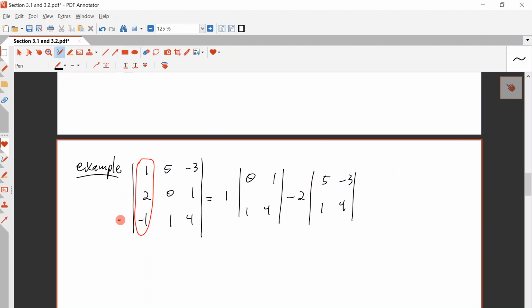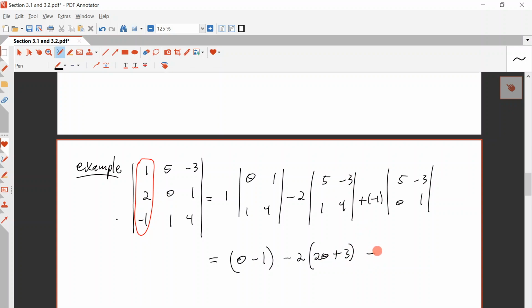And then plus negative 1 times the 2 by 2 determinant, 5, negative 3, 0, 1. Alright, so this is equal to 0 minus 1, minus 2 times 20 plus 3, minus 5 minus 0.